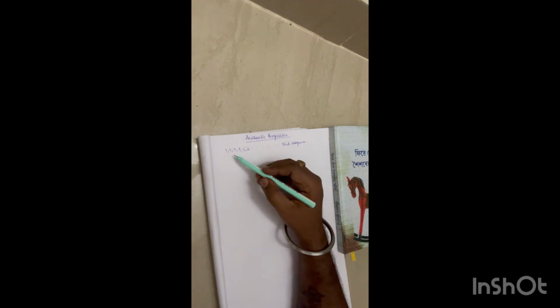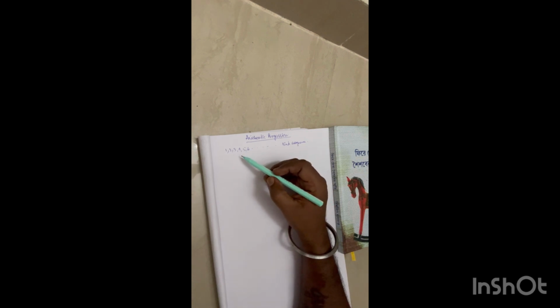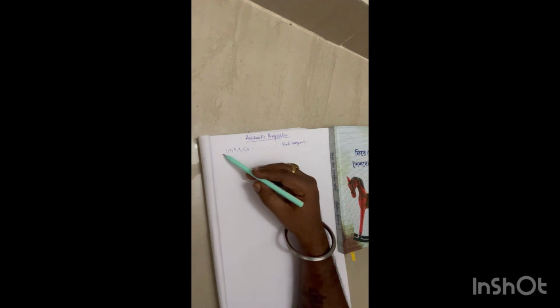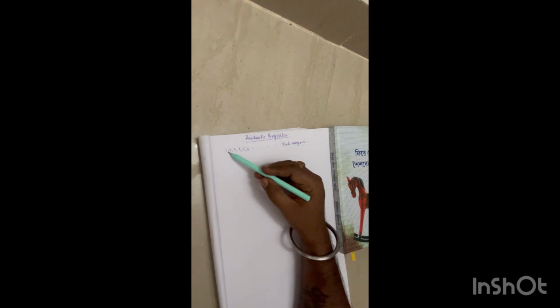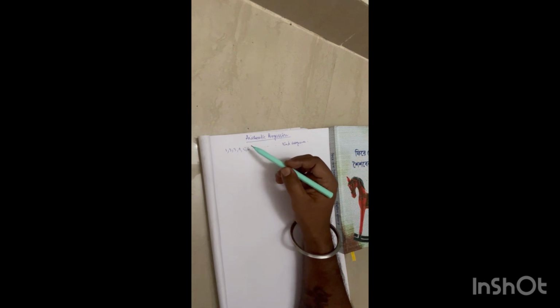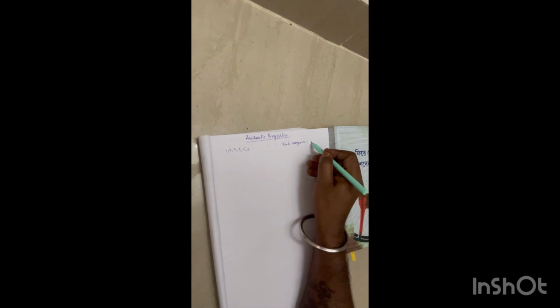Now you can definitely tell this is a natural number series, a sequence of consecutive numbers. This is called the natural number series.